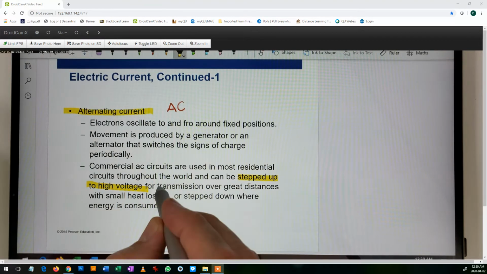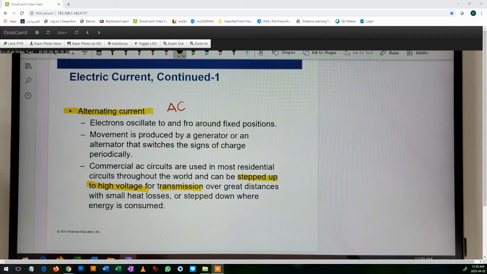Why is that? For transmission over great distances with small heat losses. What do heat losses mean? Where do they come from? From the electrical resistance. Or step down where energy is consumed. So when we transmit the AC power, we increase the high voltage, and when we use the voltage, we step it down to lower voltage.